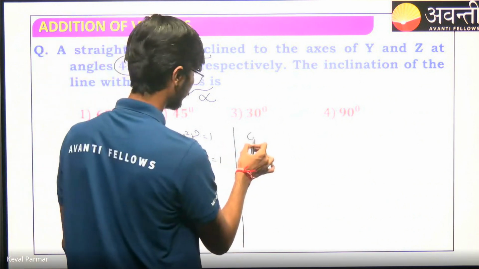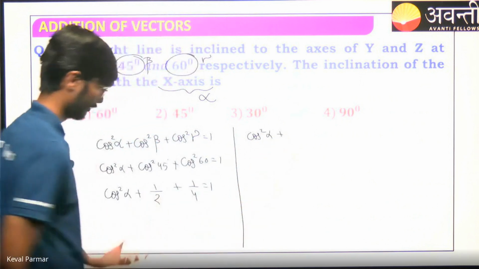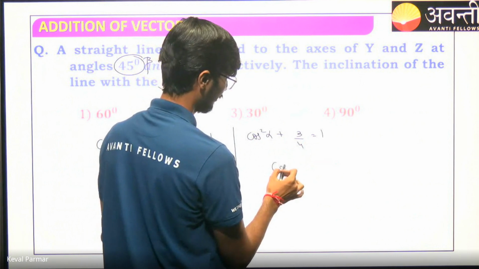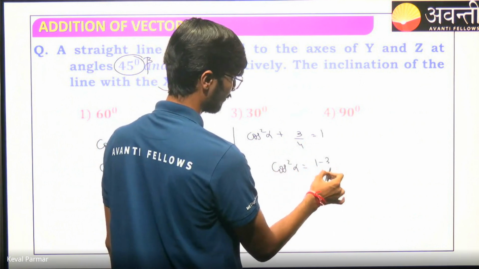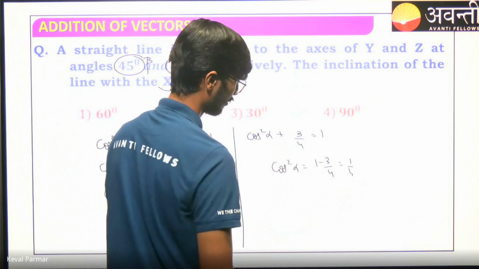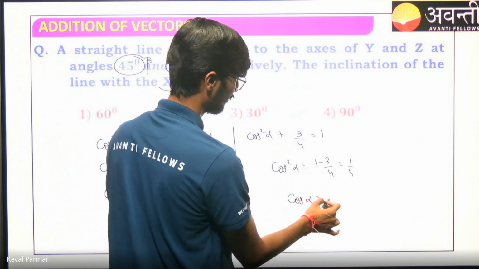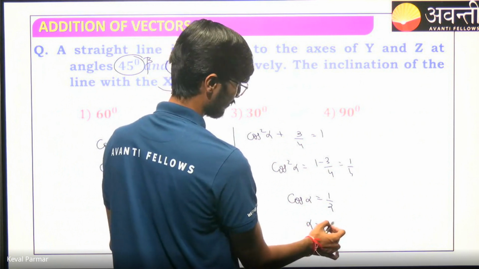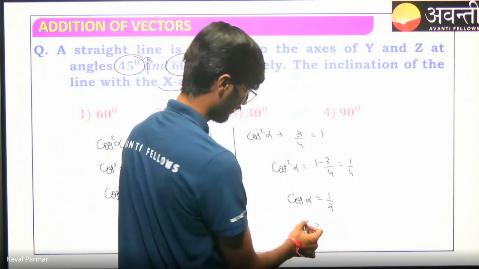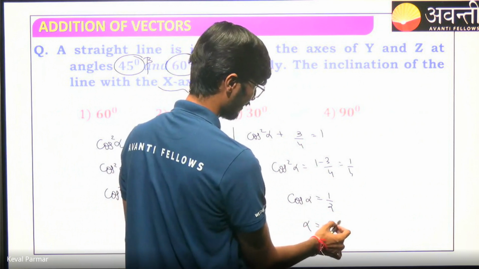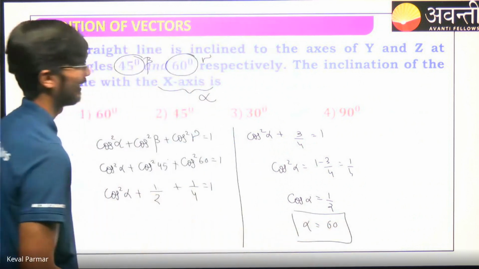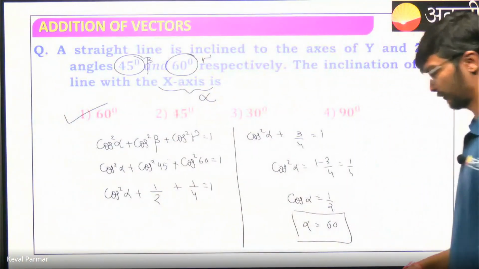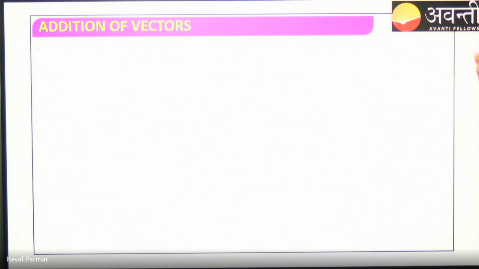So I'll get cos square alpha plus, what will be the LCM, 3 by 4 equals 1. That means cos square alpha equals 1 minus 3 by 4, which is 1 by 4. So cos alpha is 1 by 2. That means alpha, where cos alpha is 1 by 2, is 60 degrees. So my answer is 60 degrees, which is option number A. Got it, guys? Chalo. Let's see the next one.